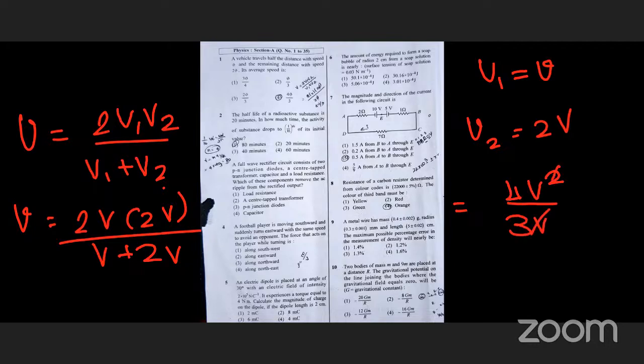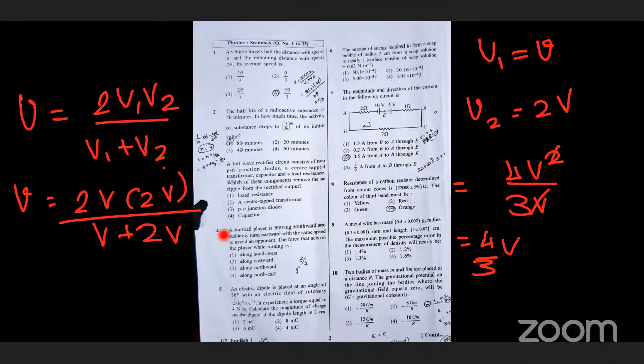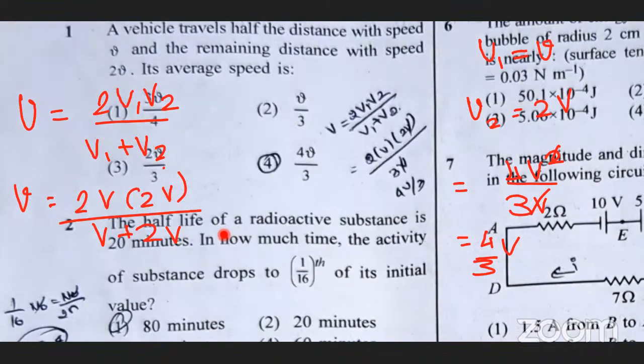Cancelling this, you get 4 by 3 v. So the answer for this question is 4 by 3 v.